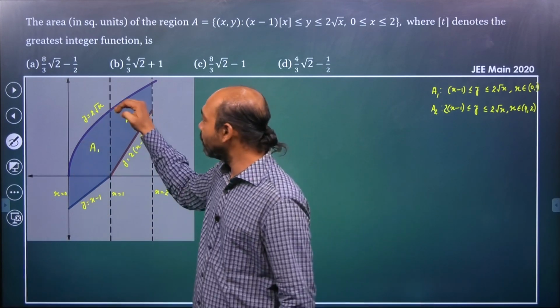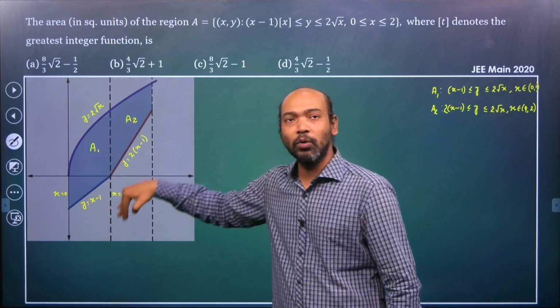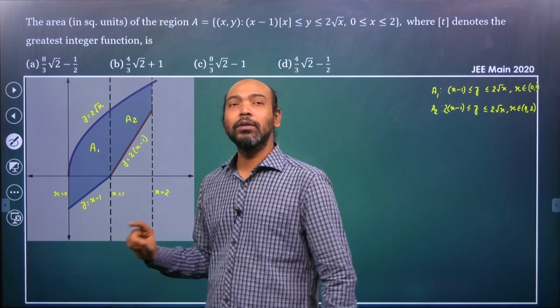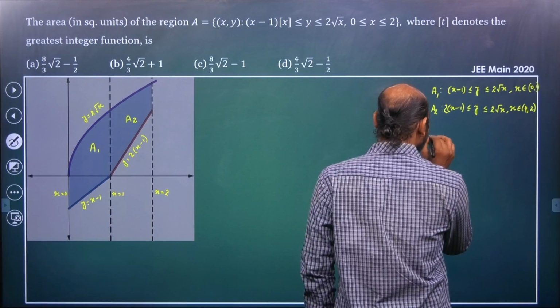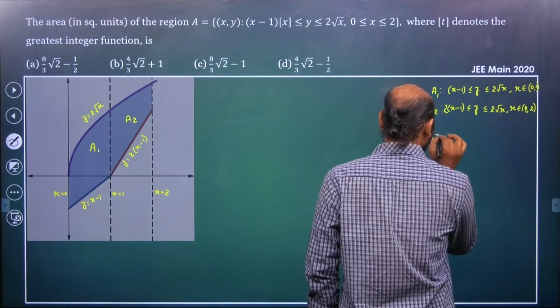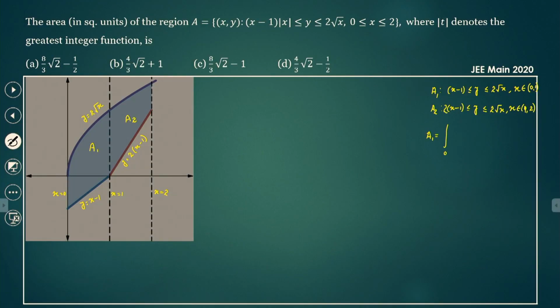The topmost curve is y equal to 2 root x, and the lowermost curve is y equal to x minus 1. So the area A1 is the integral from 0 to 1 of 2 root x minus (x minus 1).